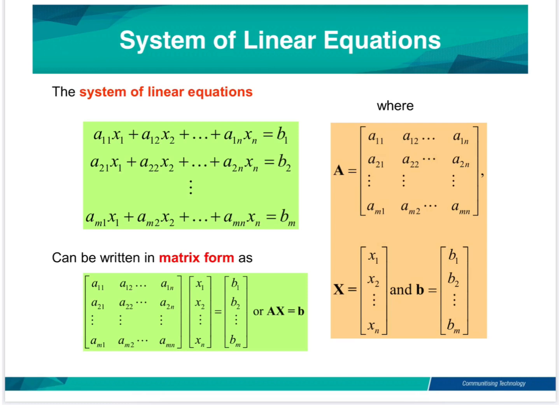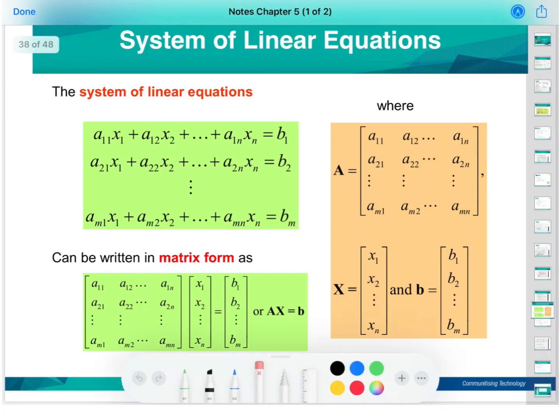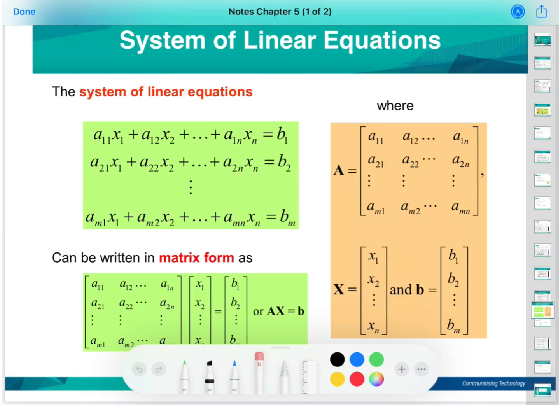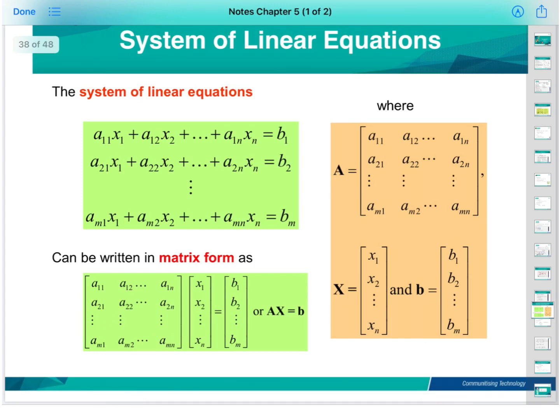So actually this whole system of linear equations can be written in matrix form, as you can see in this slide. All the a's become a11, a12 until a1n, and then another row a21, a22 until a2n, up until m rows and n columns.